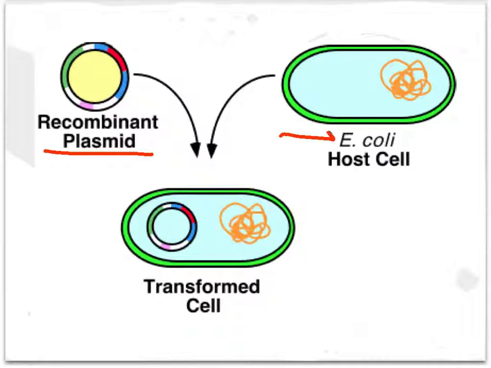We're going to be using specifically the bacterium E. coli, and to this E. coli, we're going to add what we call heat shock. With heat shock, we expose it to a cold environment, then immediately put it in something quite warm, and then bring it back into a cold environment.